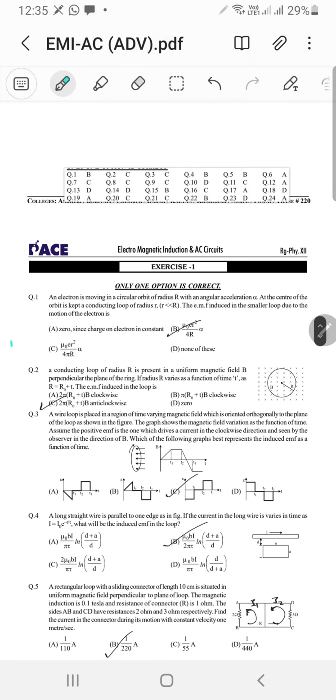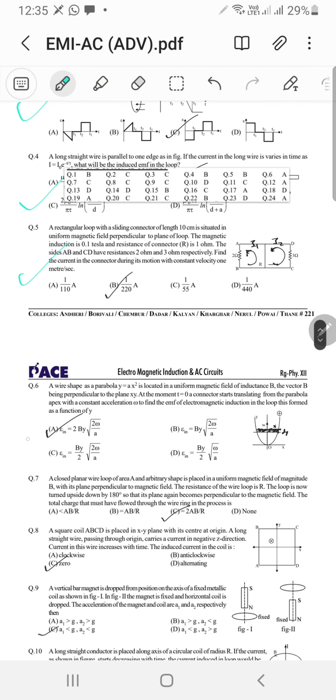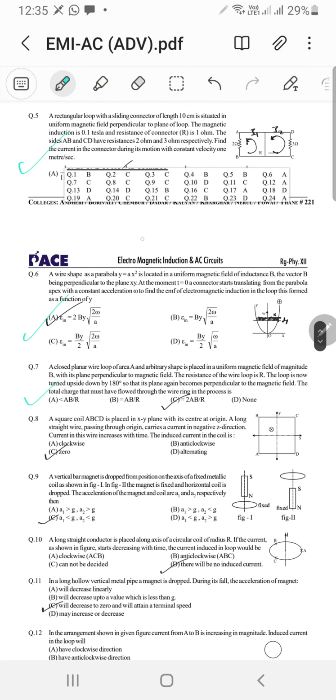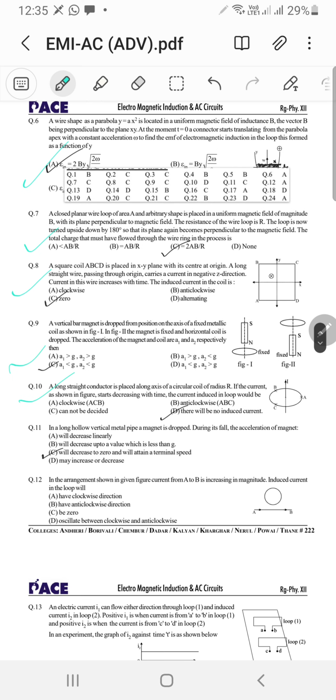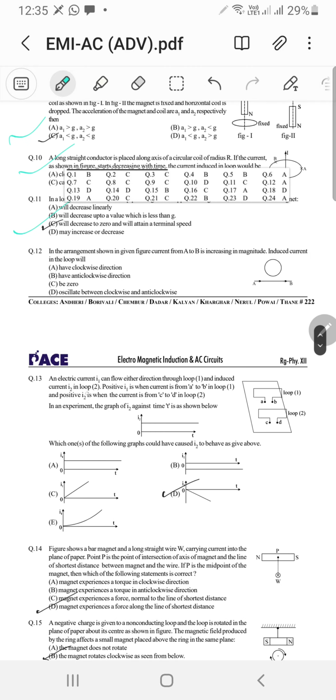Okay, so 20 questions should be enough. Let's just check these answers. First B, second C, third C, fourth B, fifth B, sixth A, seventh C, and so on. Wait, this is D, okay, this should be A. Why did I not do it?